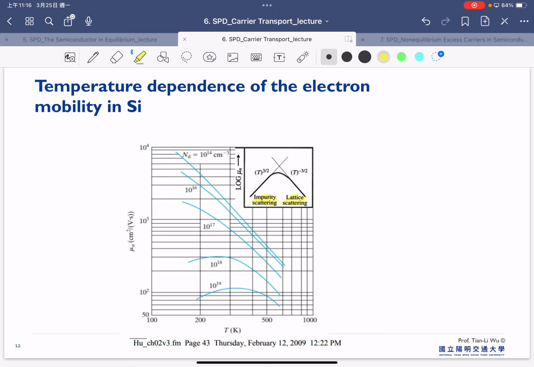That's phonon scattering. So that's the general scattering mechanism in silicon.